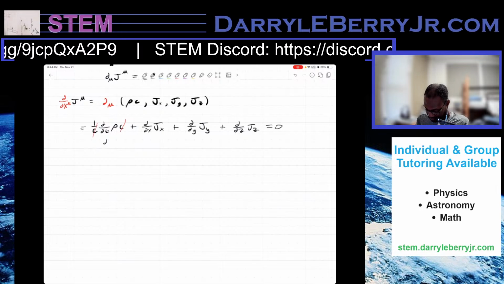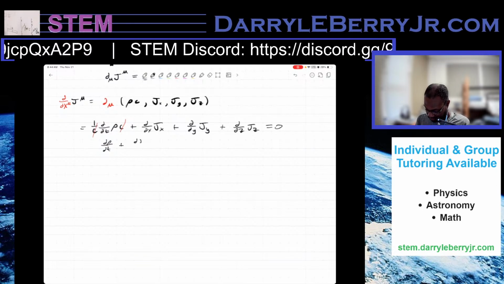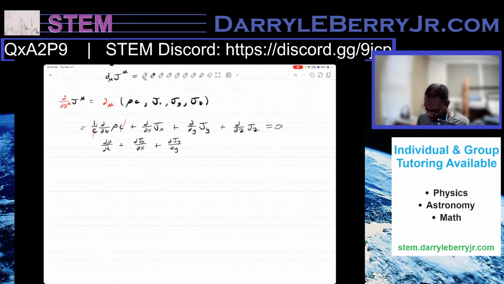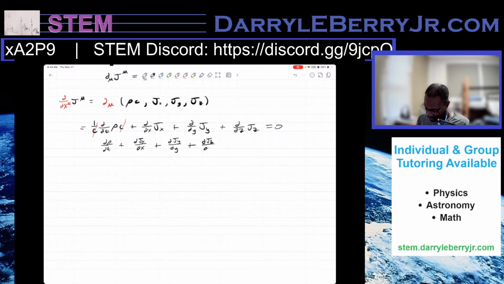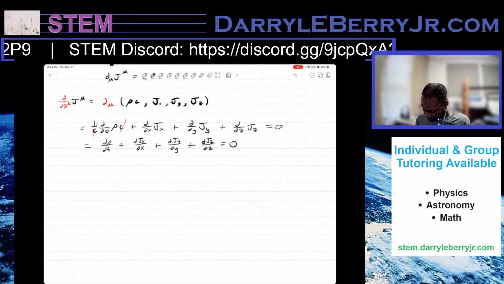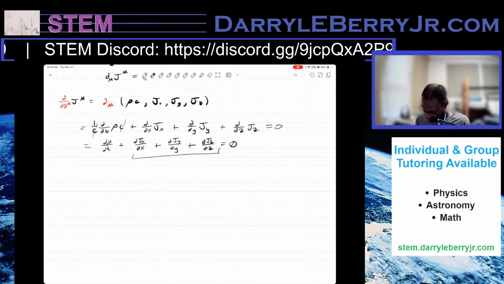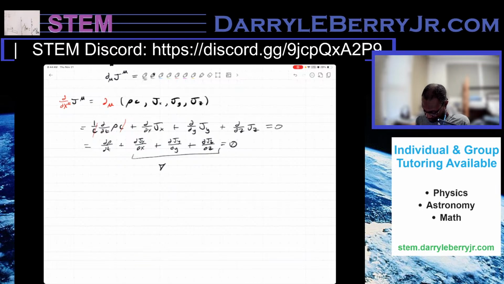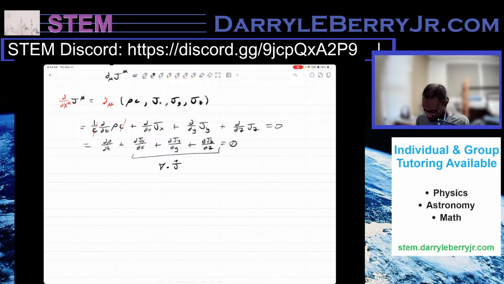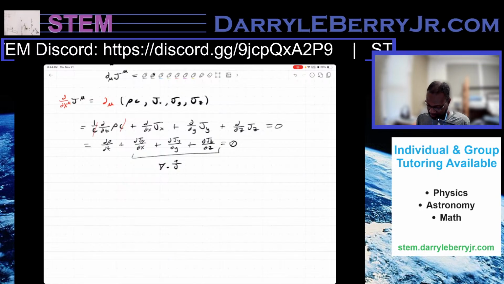We end up with partial t plus partial x plus partial y plus partial z equals 0. So this is the divergence of J. We have all of the del operator terms multiplied by each of the components of J and summed up.